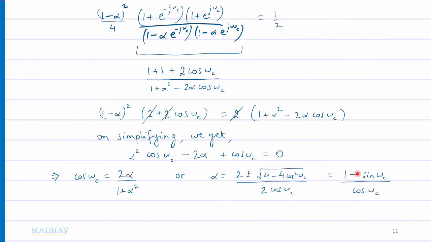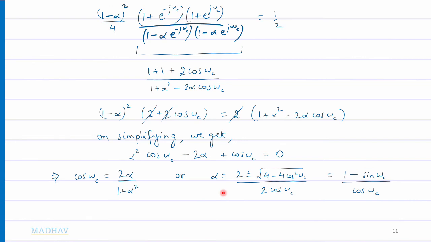There could have been a plus and a minus, but since I know my alpha should be less than 1, because I want my pole to be inside the unit circle, so that the DTFT exists, which means my system is stable. DTFT exists when the unit circle is within the ROC.